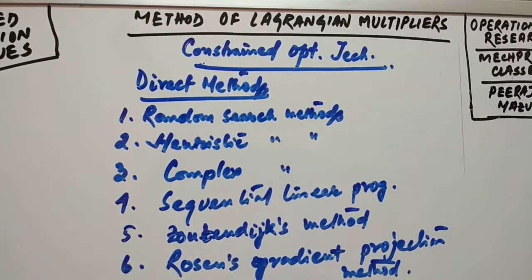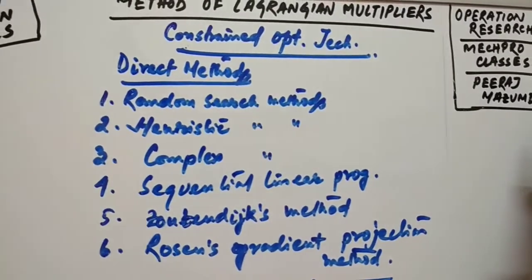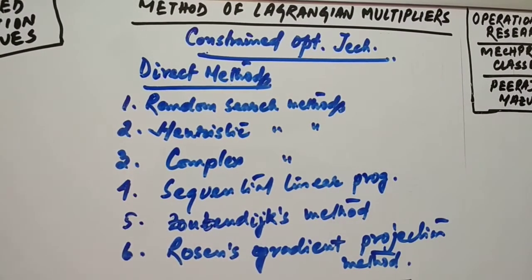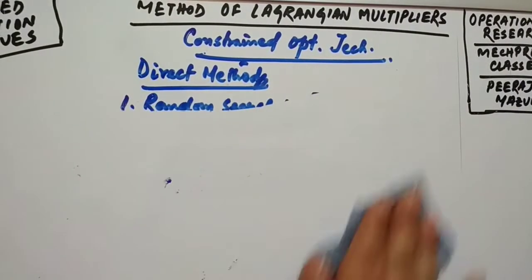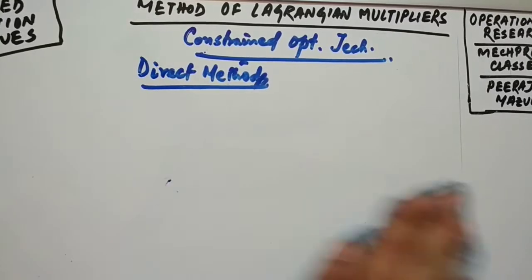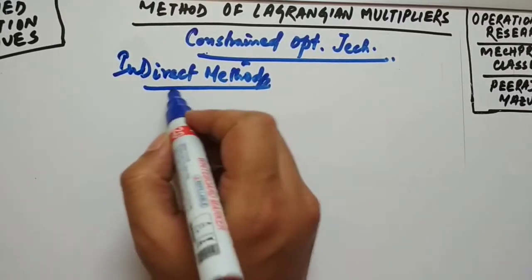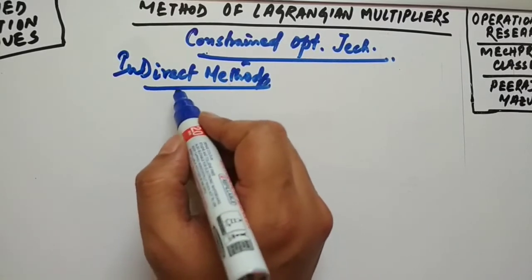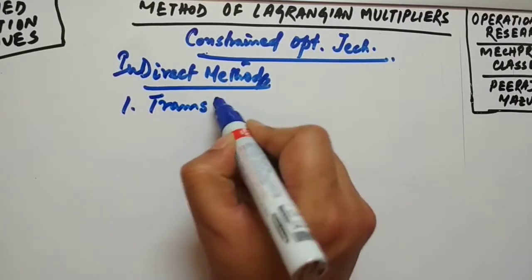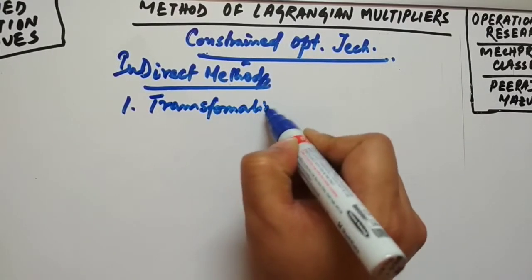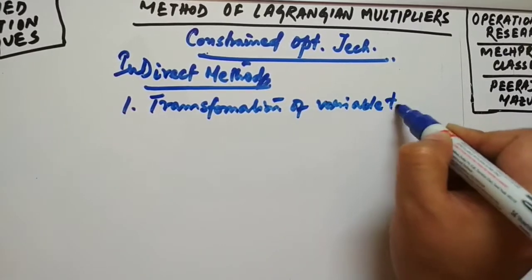Okay, there are also some indirect methods. For indirect methods, there is the transformation of variables technique.